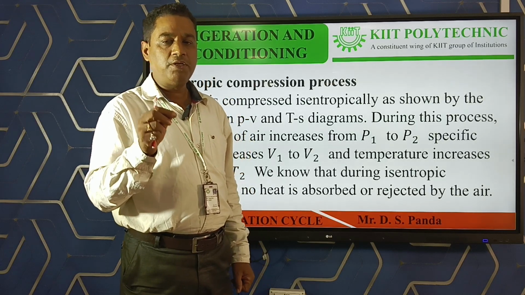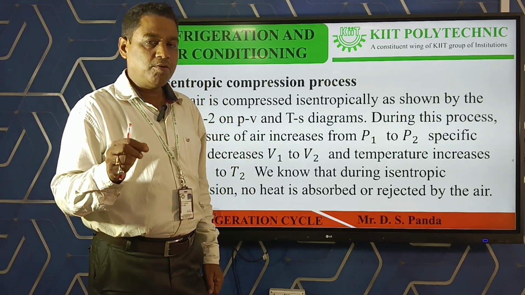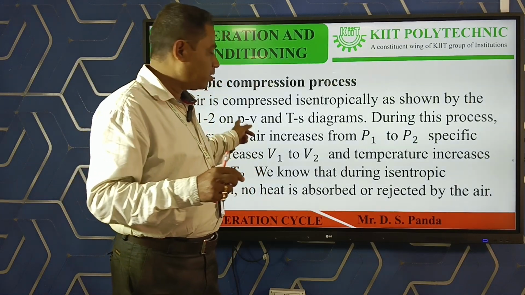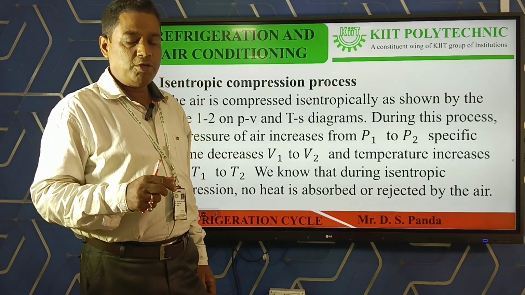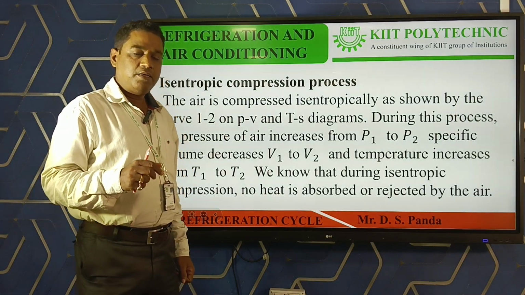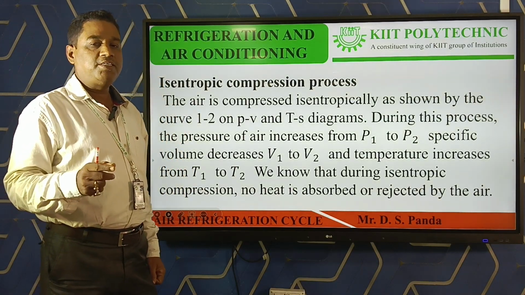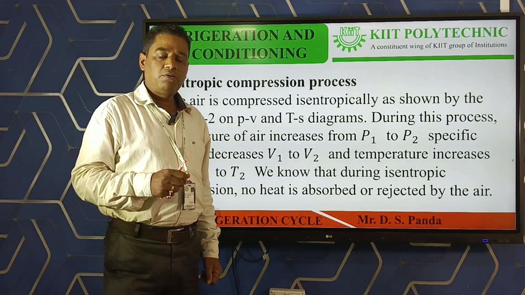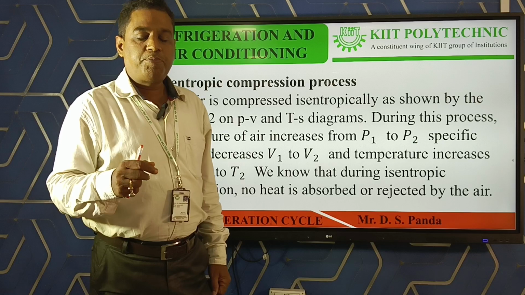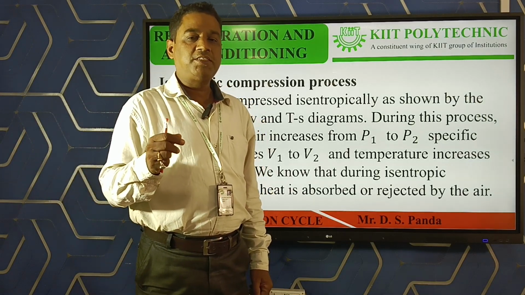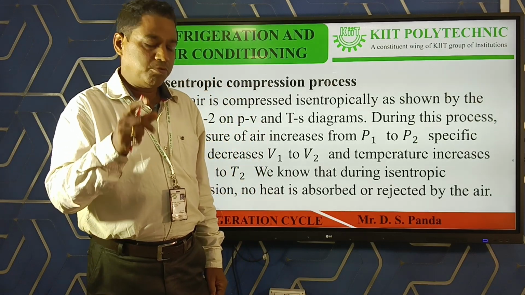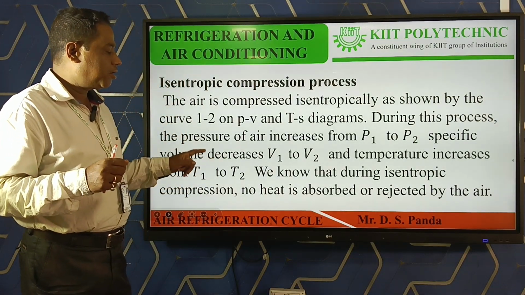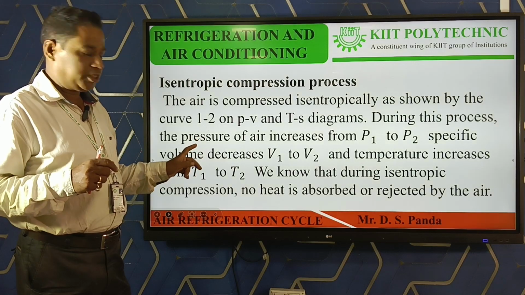It is a compression process, so definitely the volume decreases from V1 to V2 according to the pressure volume diagram, the temperature increases from T1 to T2, and the pressure also increases from P1 to P2, and there is no heat addition or rejection in the process.